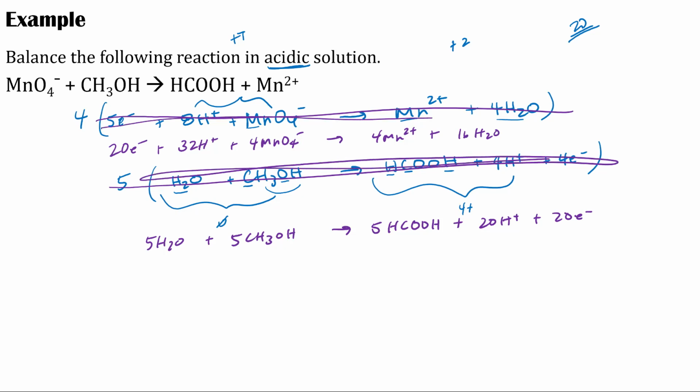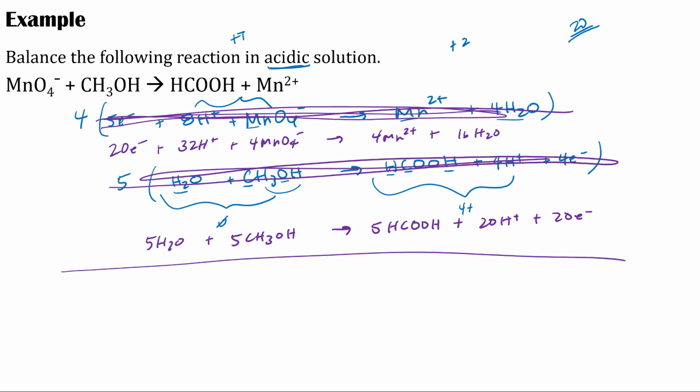So then I'm going to add the purple ones back together and cancel out what occurs on both sides. So I have the 20 electrons will cancel. And then I've got 16 waters here and 5 waters here. So that means that these 5 will cancel out, but I'll have 11 left.